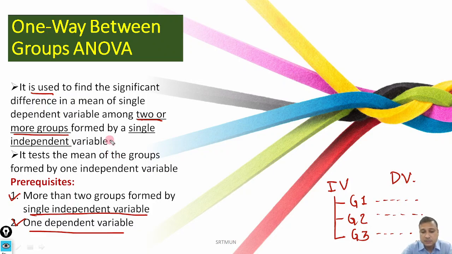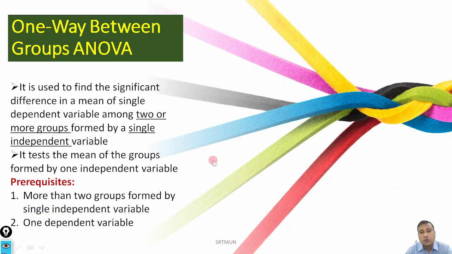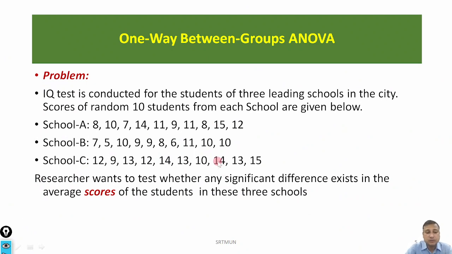To understand this in a better way, let me take you all to one example. Suppose an IQ test is conducted for students of three leading schools in the city. Scores of random 10 students from each school are given below.